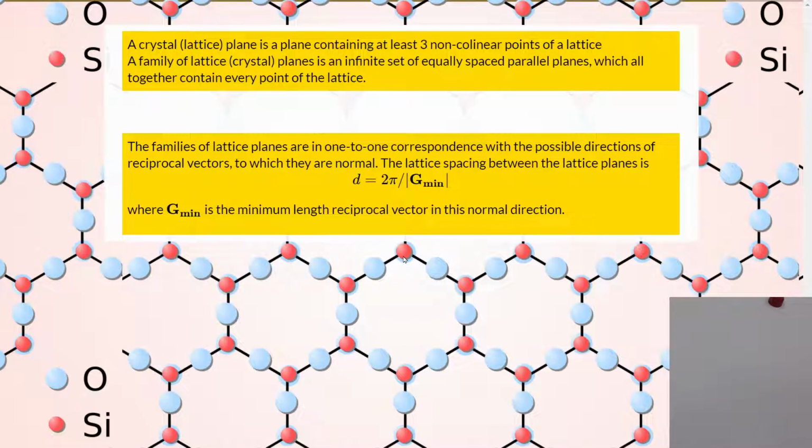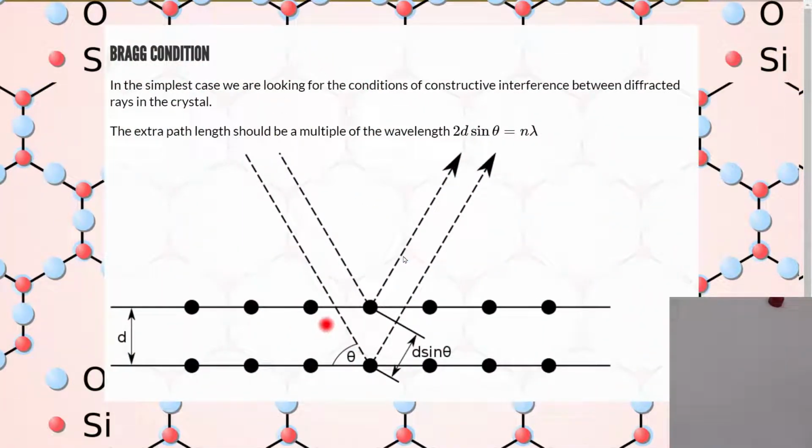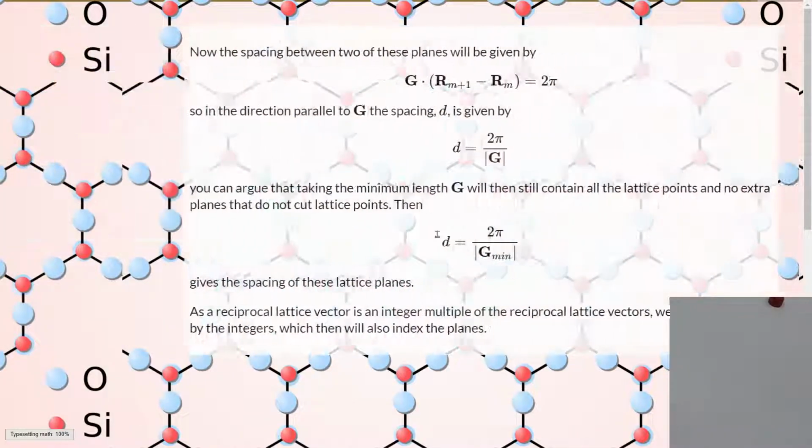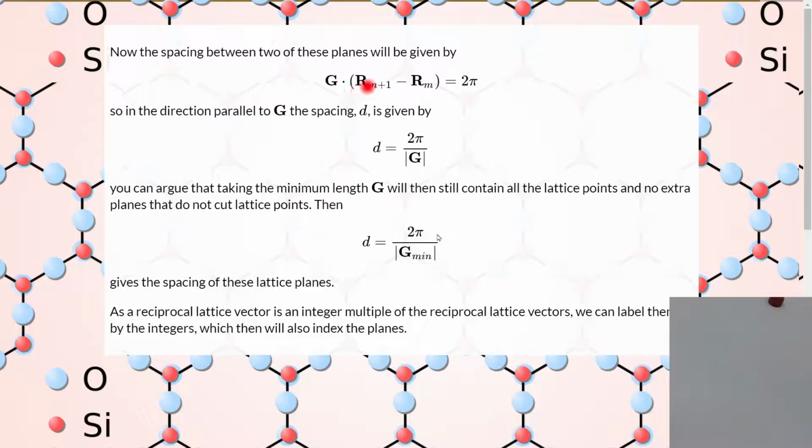So essentially this is Rn plus 1 here, this is Rn down here. We're connecting them by a lattice vector. So I've got the vector difference between my two planes, Rn plus 1 minus Rn. That's the vector that takes me from the first plane to the second plane.